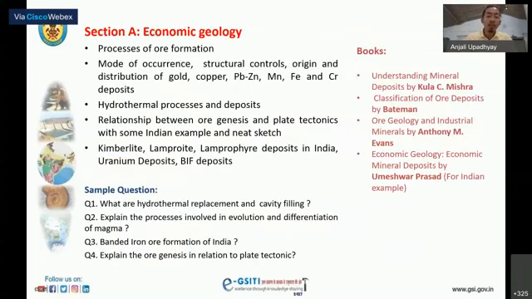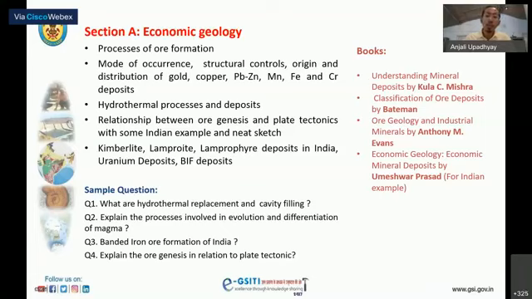So here in section 3, paper 3, the first unit is economic geology. Here are some of the questions that you may expect. The first one is the processes of ore formation. They may ask about magmatic processes, metasomatism processes, metamorphic processes, or supergene enrichment and so on.